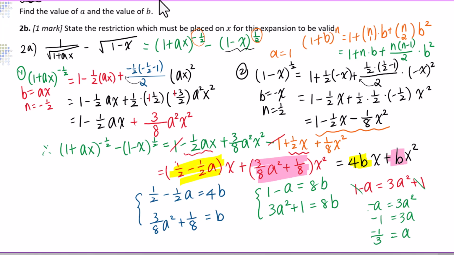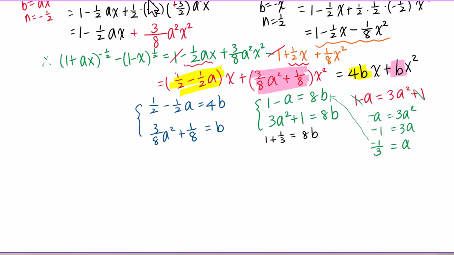Then we plug back into this equation. We can get b. 1 plus 1 over 3 equals 8b. When you solve any equation, just make sure to get rid of the denominator: times 3 both sides. 3 plus 1 equals 24b. 4 equals 24b.